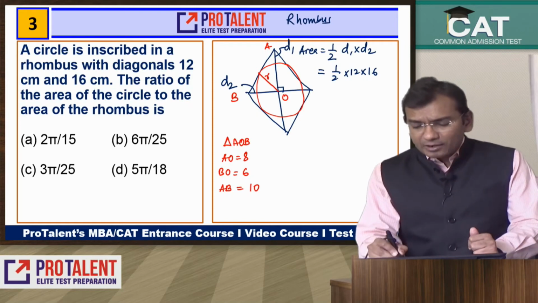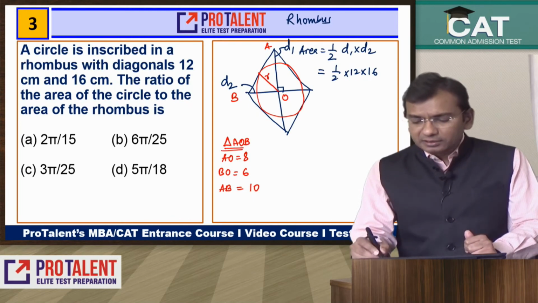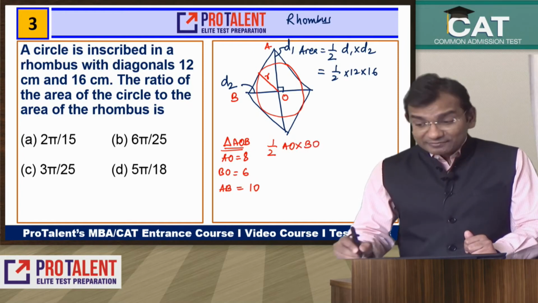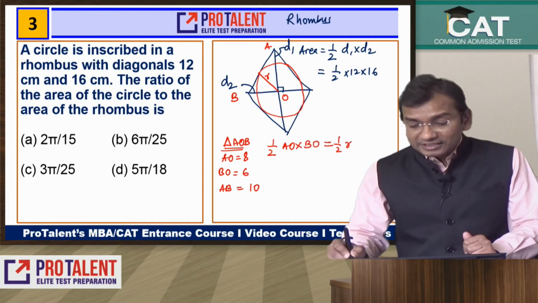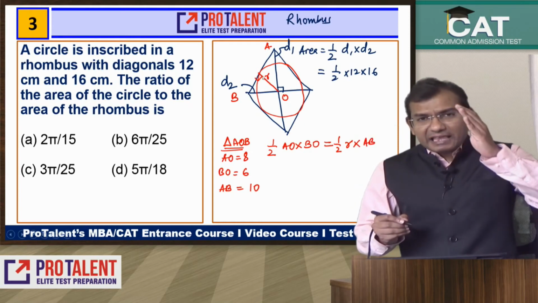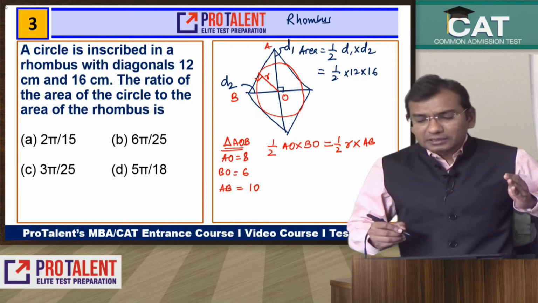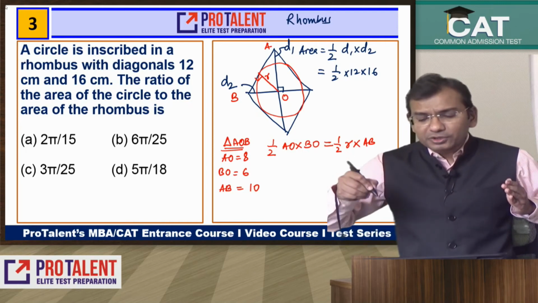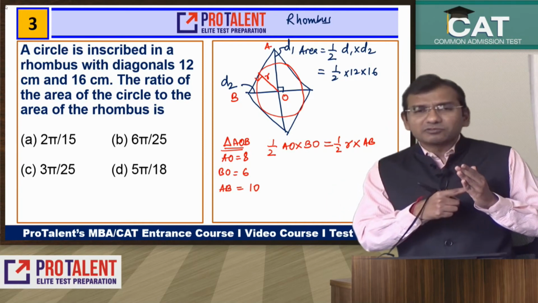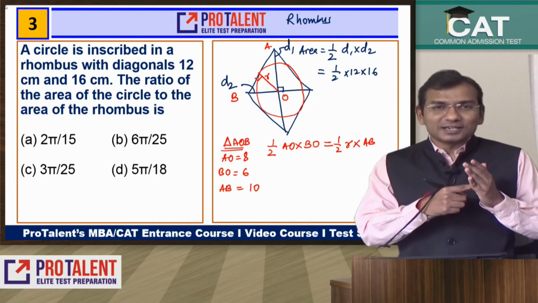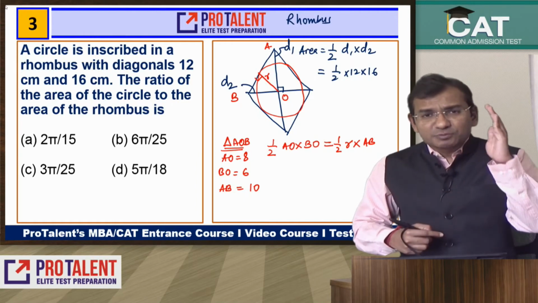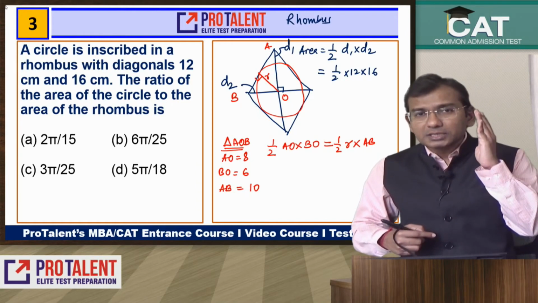Because in triangle AOB, the area of the triangle is given by 1 by 2 AO into BO, which is the same as 1 by 2 radius into AB, because AB is a tangent to the circle, and the line from the center reaching AB, which is a radius, will be perpendicular. That is another property of a tangent to a circle: the radius will always be perpendicular to the tangent.